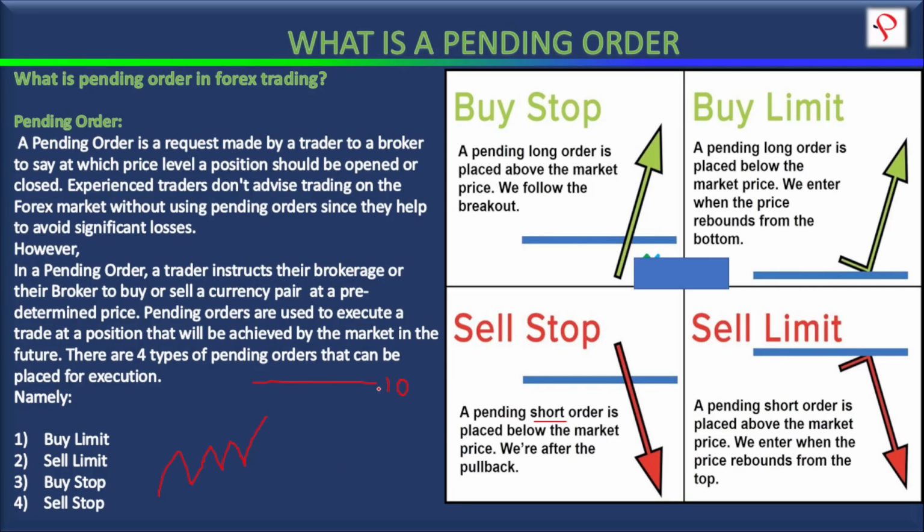A sell limit order at $10, indicating to your broker that, listen, whether I am there or not, once the market gets to $10, please put me in the trade. Because you believe that your analysis has already told you that price is going to start to drop once it gets to that $10. Is that clear? So that is what pending orders are all about.